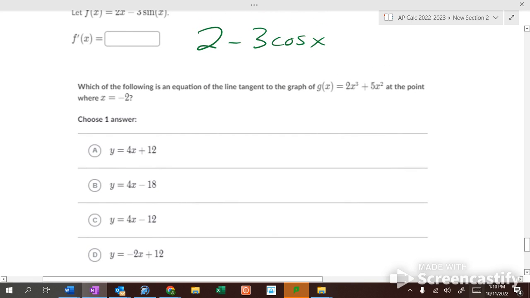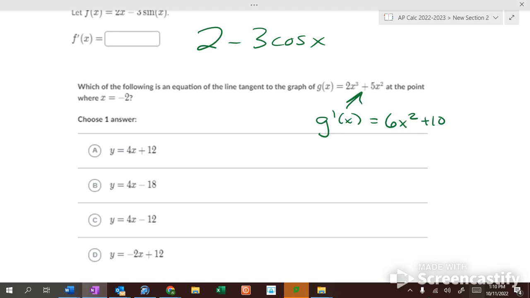The tangent line to the graph. So what do I have to do with this function? Find the first derivative, which is 6x squared plus 10x. What do I have to do with the x equals negative 2? Plug it in for the g prime.